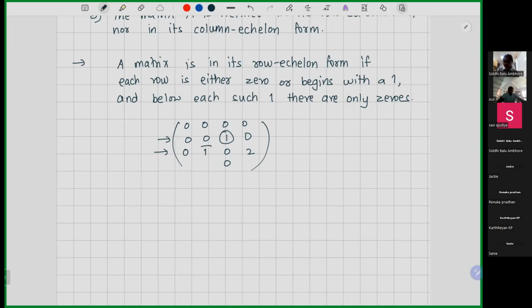Similarly, once we have this leading one, all the entries below it should be 0. Below the 2 we don't care whether it is 0 or not, we can very well have 10 to the power 100. But once we have the first non-zero entry 1, below that 1 we must have all entries 0. That is the condition for row echelon form.